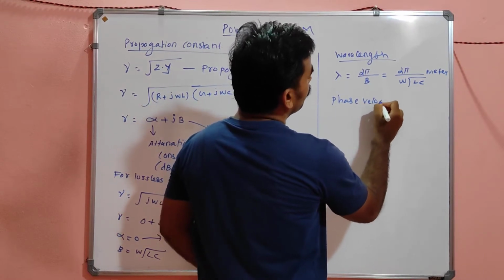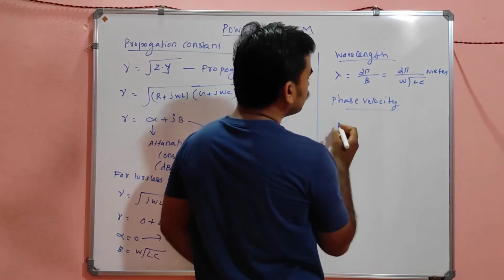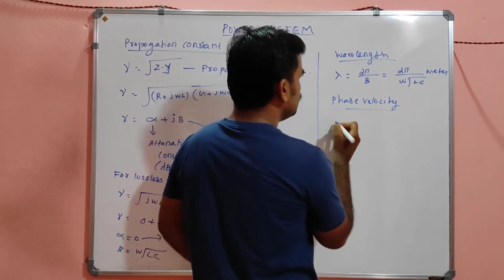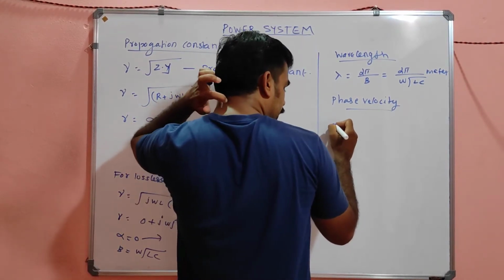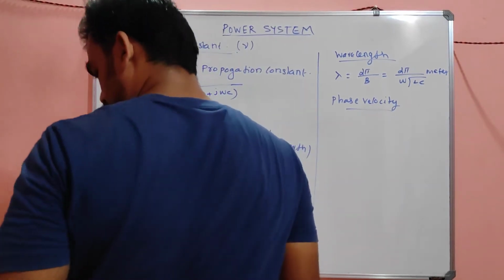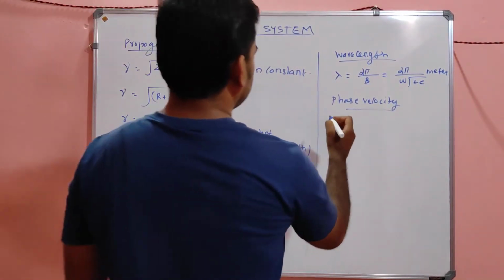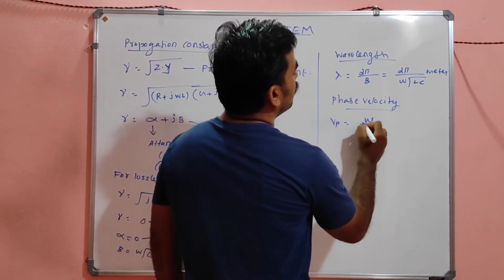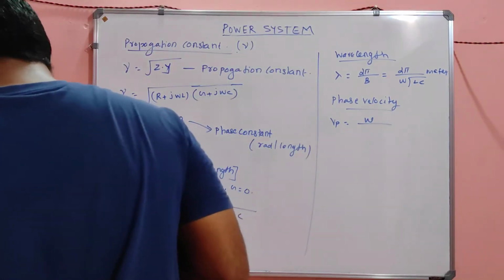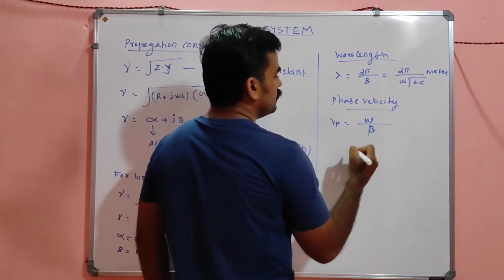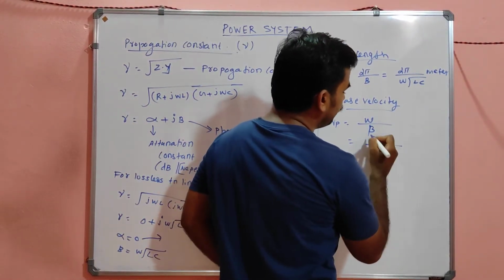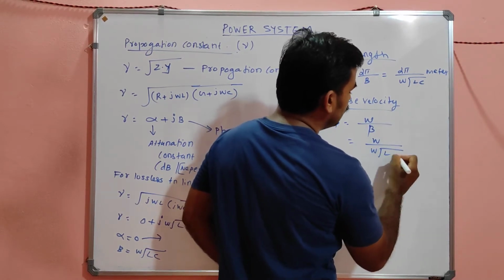Next, phase velocity. Phase velocity is normally represented by VP, and it is omega divided by beta, which is omega divided by omega root of LC.